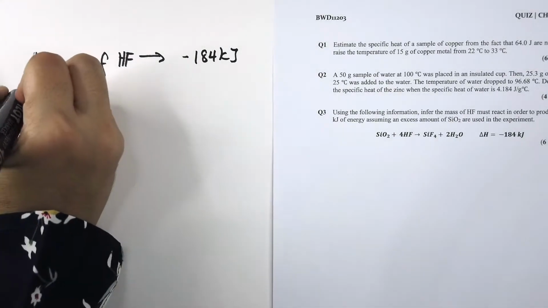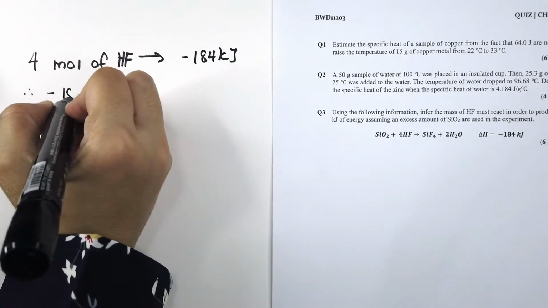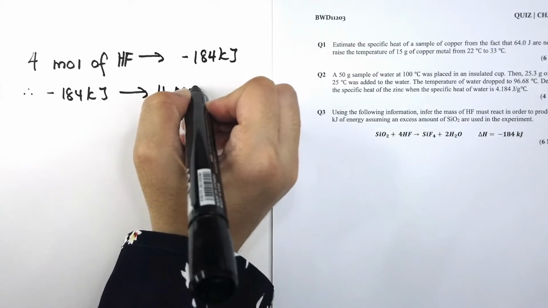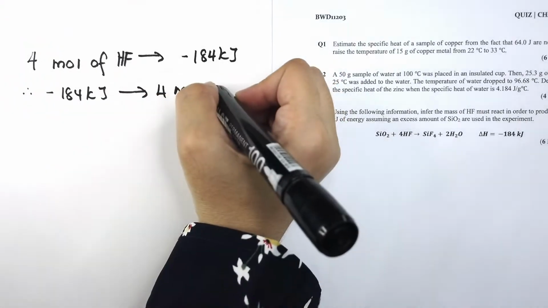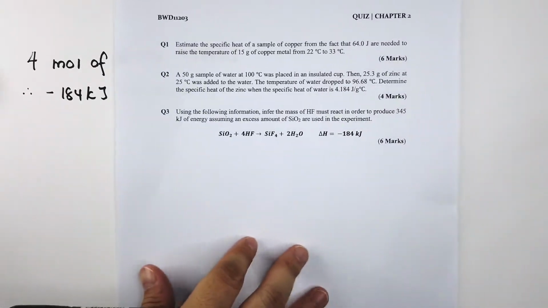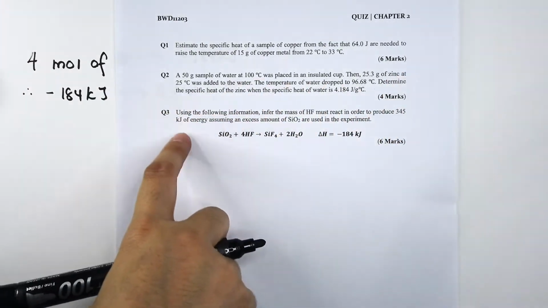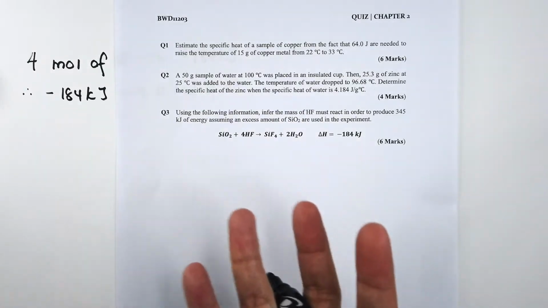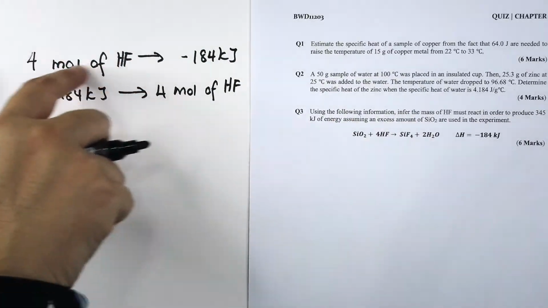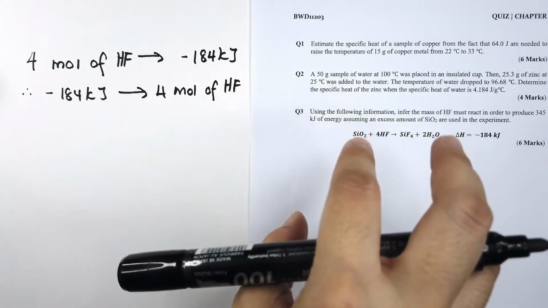So it means that we can rewrite this: 184 kilojoule will produce 4 mole of HF, right? But in the question, there is 345 energy. So the mass of HF that should react, right? So if you want to produce this much, 4 mole of HF should react in the reaction.